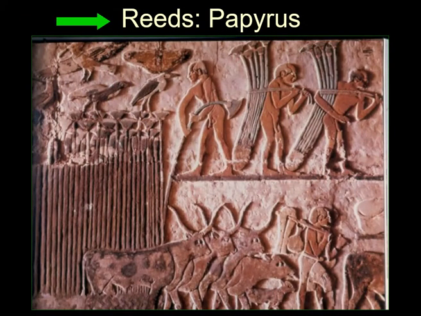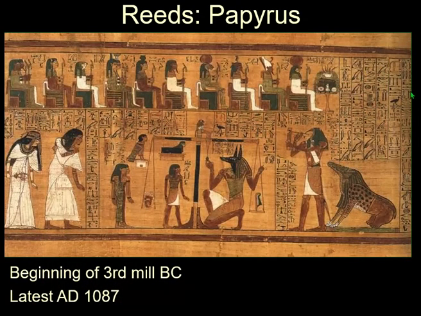In Egypt, in the Nile, we have a lot of what we know as papyrus. Papyrus is very important. You can see these chaps are making off all these bundles of papyrus. And one of the important things you can make out of papyrus is, of course, papyrus, the paper-like material.